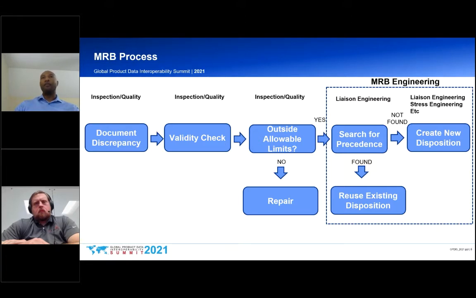So the standard process is to search for precedents to see if there is already a disposition that you can reuse. And if not, then a new disposition has to be created, which is typically a very time-consuming, expensive process, because it requires often custom analysis and engaging multiple engineering teams in order to come up with a solution or disposition to solve that discrepancy.